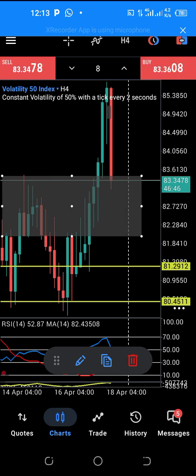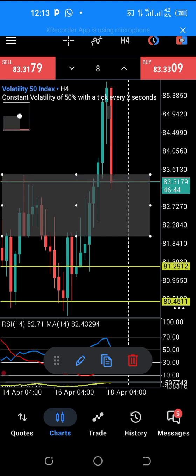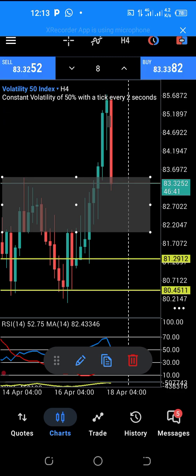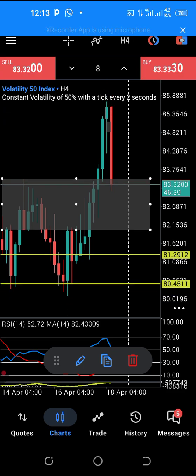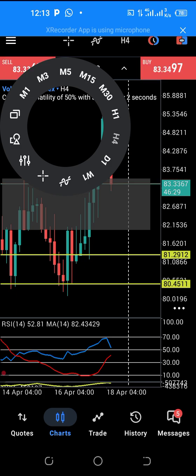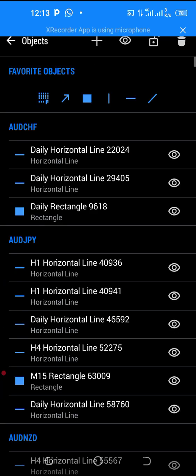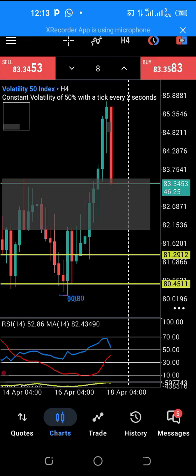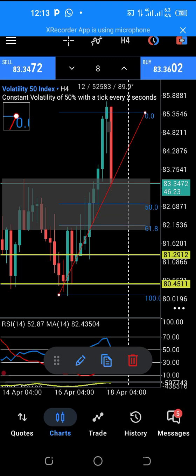And in this bullish breaker, we will not be in a hurry to execute a trade until it has taken out half of this bullish breaker. And at the same time, let's measure our Fibonacci retracement.